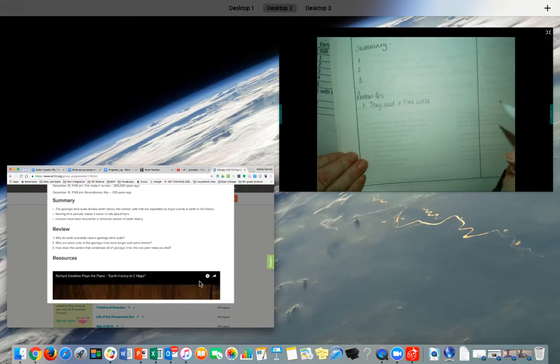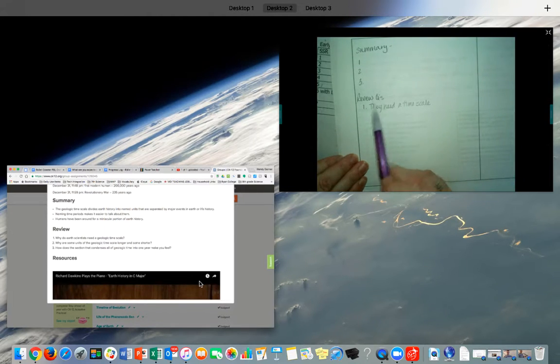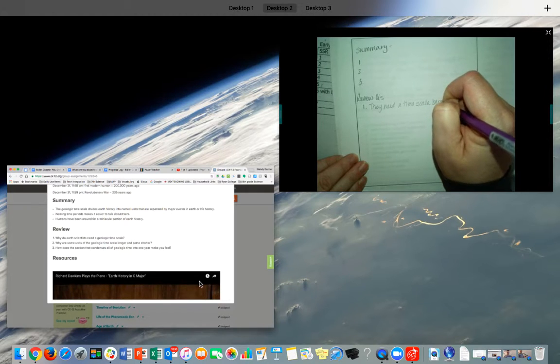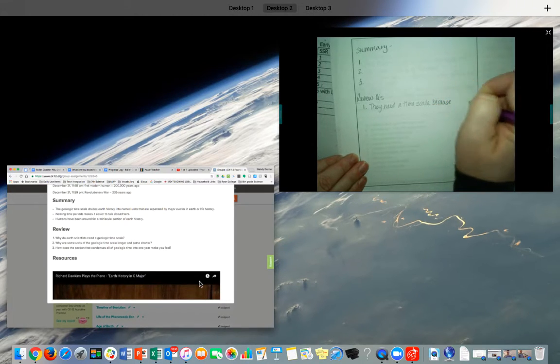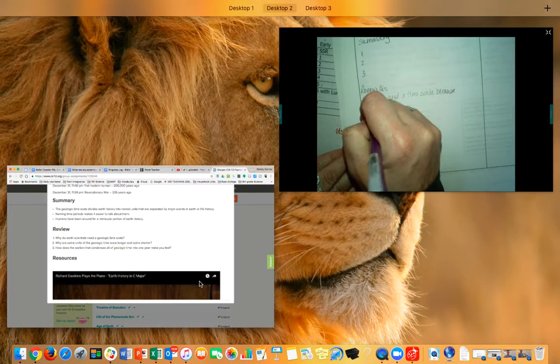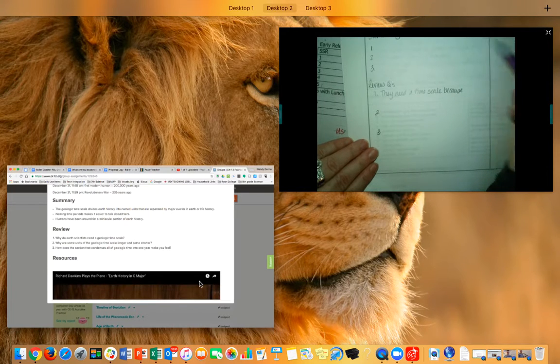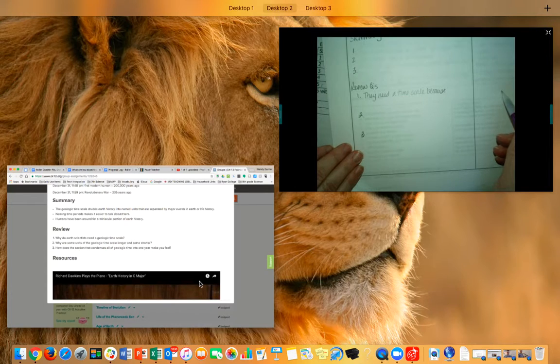Okay, so you see on my paper here. So here's my summary. I'd write out all these things. I'm trying to hurry this up for you. Review questions. They need a timescale because... Okay, why? So then you'll answer the other 2 questions here. Okay, maybe you have questions that would go with the summary, or maybe some of you might have some stuff over here that connects to some of these answers that you have.